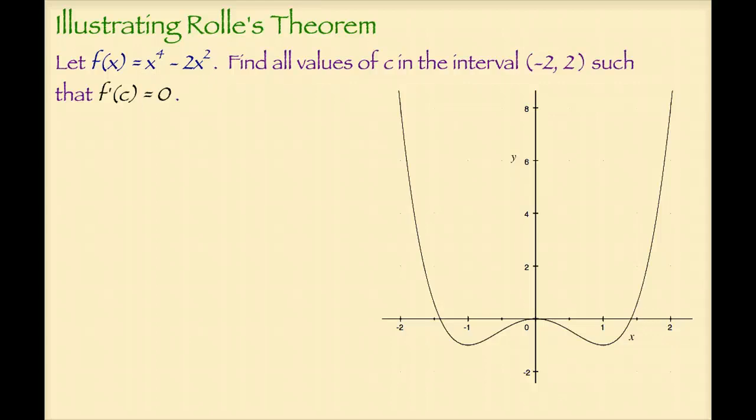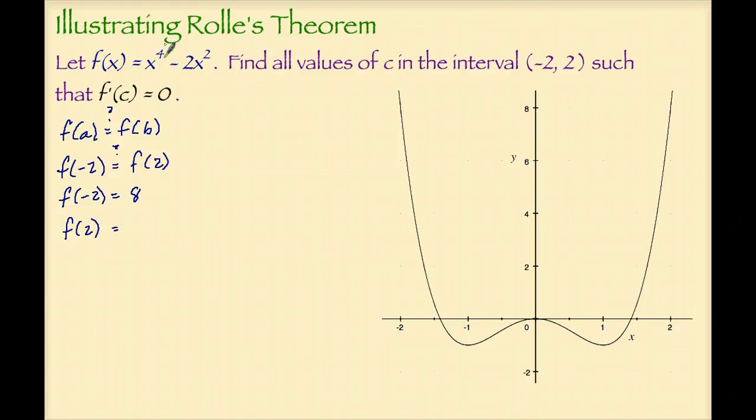Well, then the other condition that needs to be met is, does f of a equal f of b? a and b represent the endpoints of the interval. So what we're wondering is, does f of -2 equal f of 2? So let's find the value of f of -2. This is going to be positive 16 minus 8, which is 8, and f of 2 is 16 minus 8 again, which gives us 8.